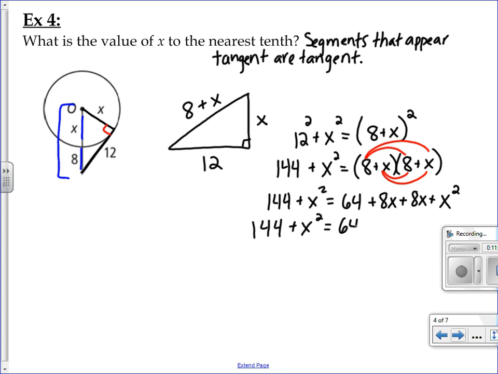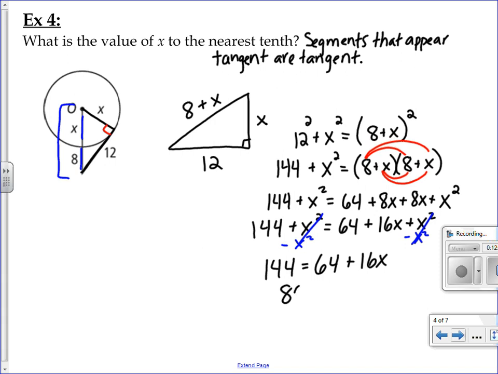We got 64, we got 16x, and then x squared. Technically, you would just subtract x squared from both sides. They're going to end up canceling out, which is nice. That's what we want to work with. And then from here, you're just solving for x. So we can subtract 64. 144 minus 64 will give you 80 equals 16x. And then divide, x will equal 5.